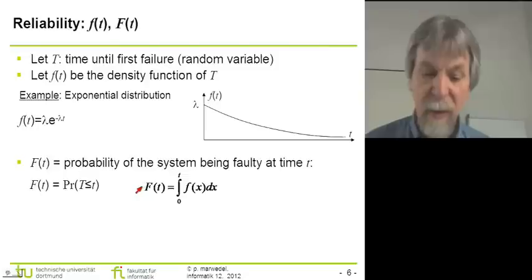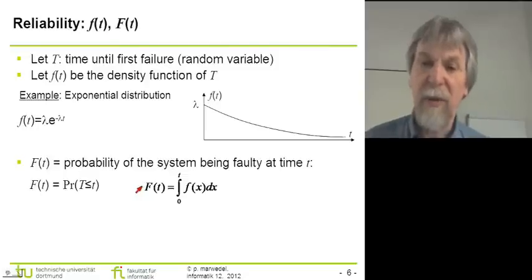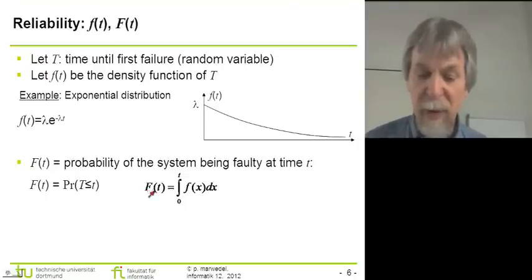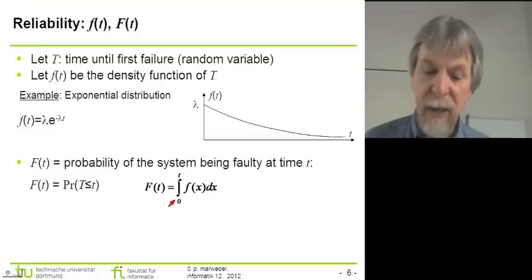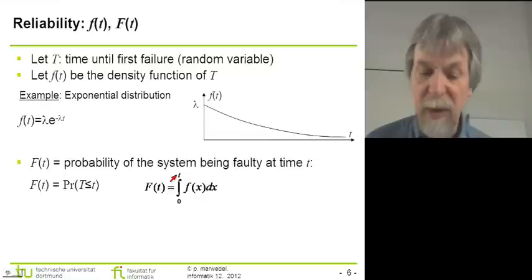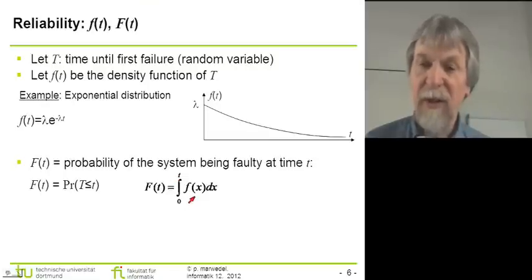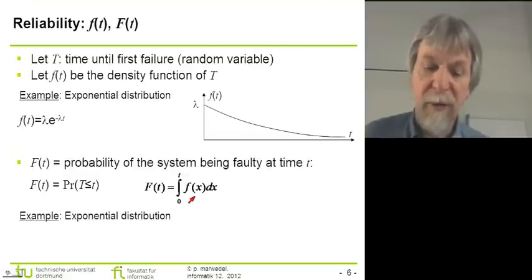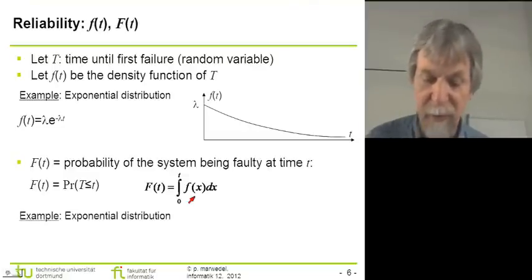This probability can be computed like we do frequently in statistics, by integrating from 0 up to that particular point in time t, and the integral is taken over this density function. We can also demonstrate this for the exponential distribution.